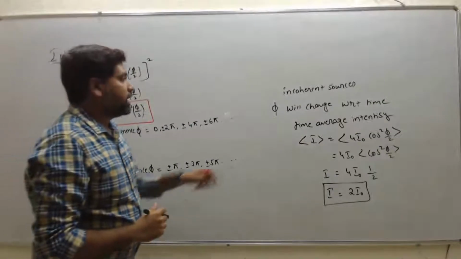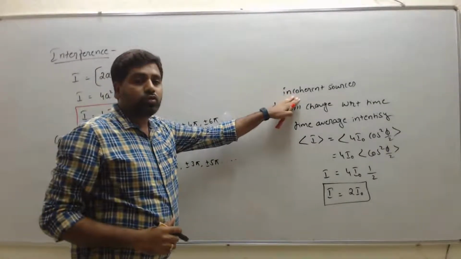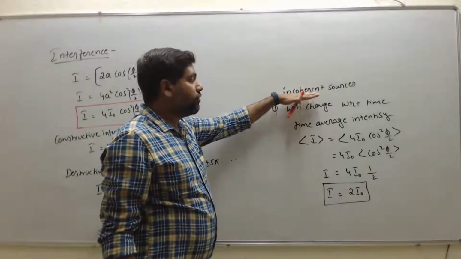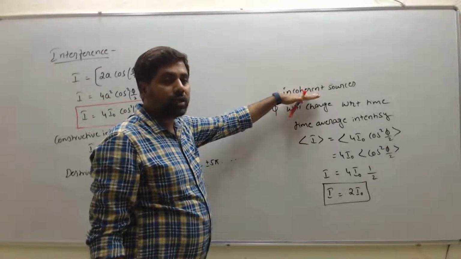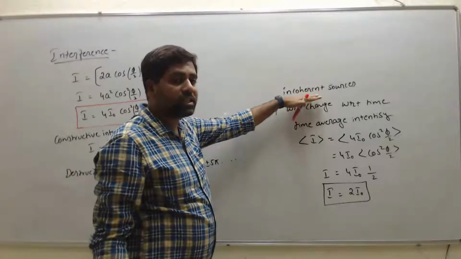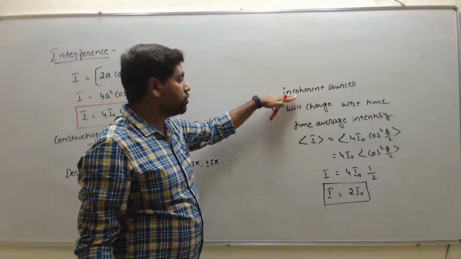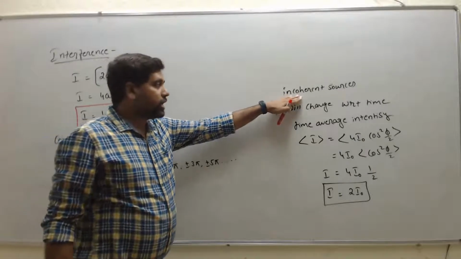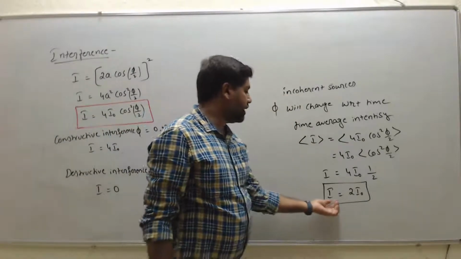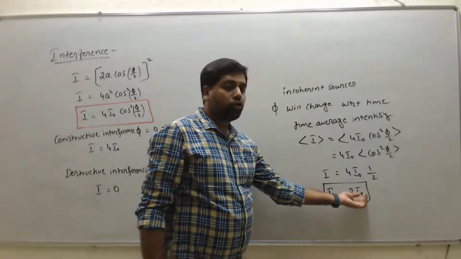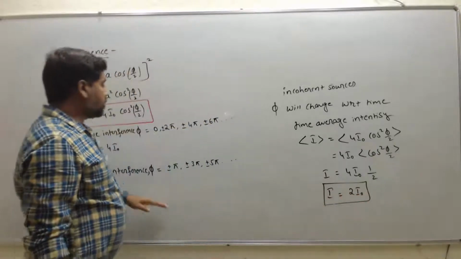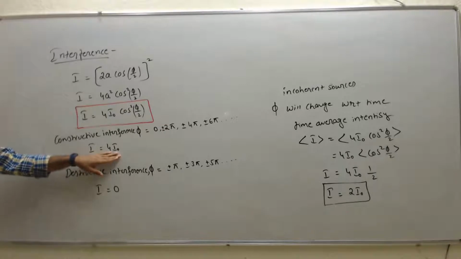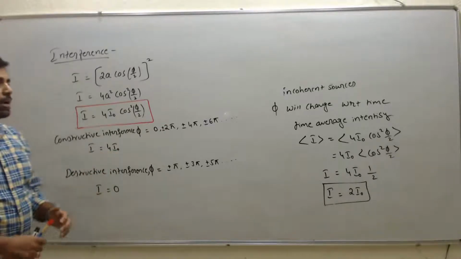So this is about incoherent sources, where the two sources vibrate abruptly, changing with respect to time. In the case of incoherent sources we have intensity I equals 2 I naught, whereas in the case of coherent sources we have intensity I equals 4 I naught.